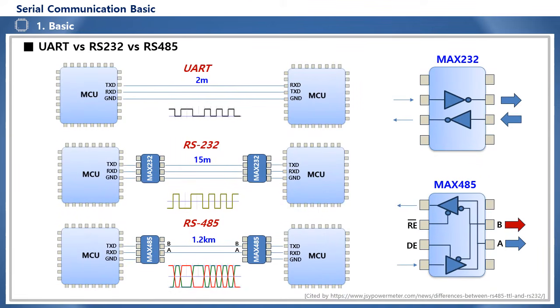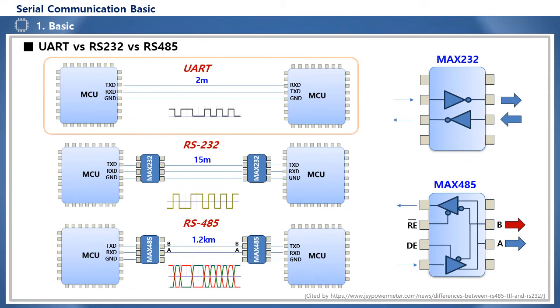Let's look at the most common serial communications based on MCUs: UART, RS-232, and RS-485. UART, Universal Asynchronous Receiver Transmitter, is an asynchronous communication method, and is a method of asynchronous communication by directly connecting to the other device with a standard TTL or CMOS level potential.